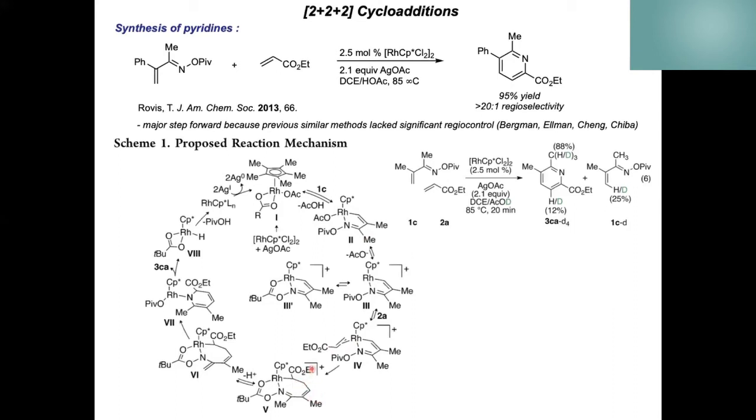And this is really one of the important advancements here, is that in their approach, this undergoes very good regioselectivity for the insertion of that alkene, which puts the ester group adjacent to the rhodium, which in other previous methods was a significant difficulty. And then a few more proton transfers or deprotonations here allows us to get to that rhodacycle, which is really the key part here.